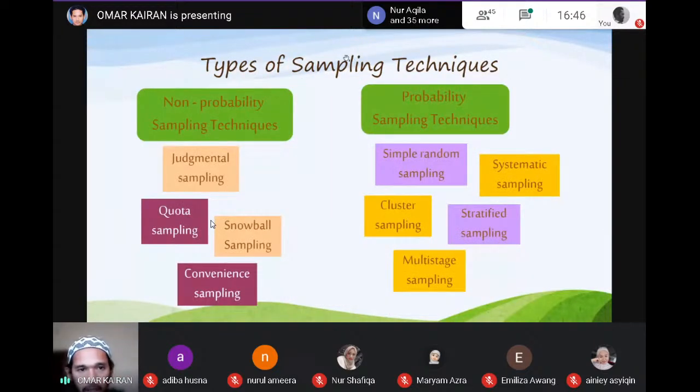So this is the type of sampling technique to be used in any research, depends on tadi lah, nak memilih yang mana satu, in terms of homogeneity of populations and so on.